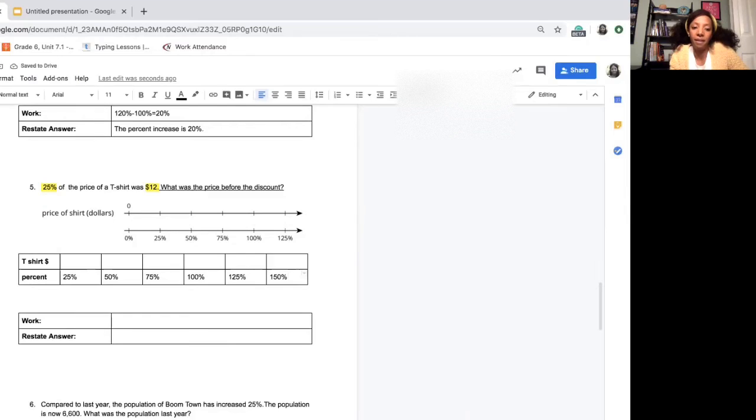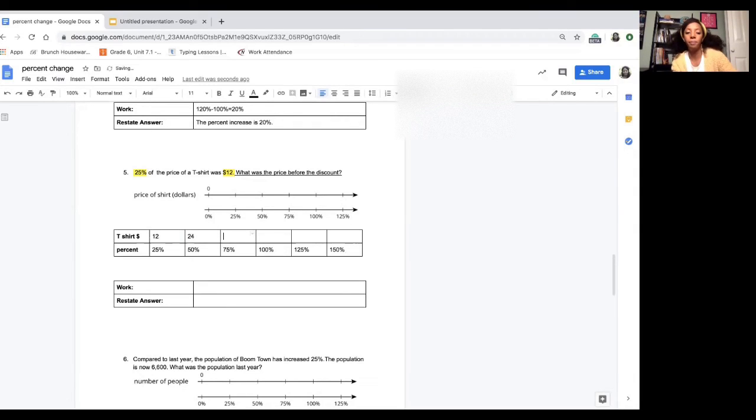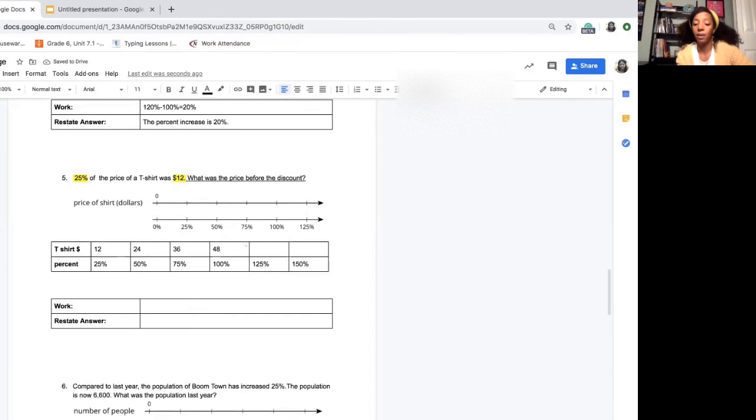If I have 25% of a t-shirt was 12, they're telling us that 25% is 12. So that means we're going to count by 12s for this one. 50%, that's 24. 75% is 36. 100% is 48.